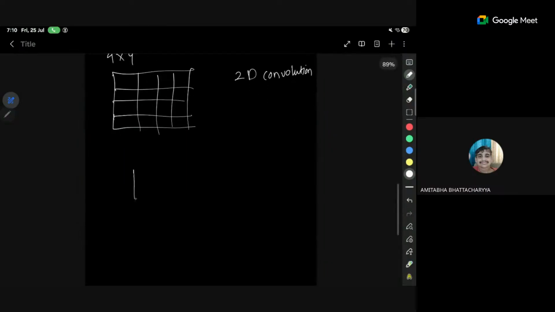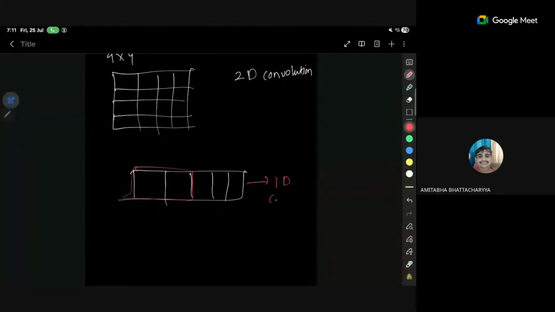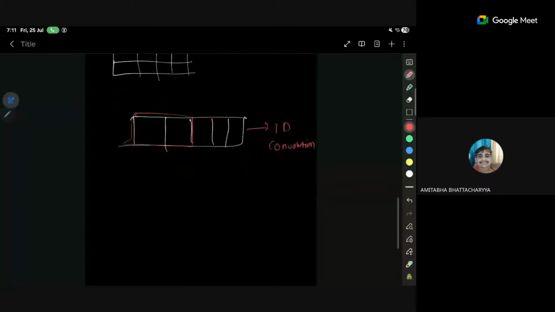Now if the image is like a straight vector and there is a filter of this size, that is a 1D convolution. Another possibility is 3D convolution.